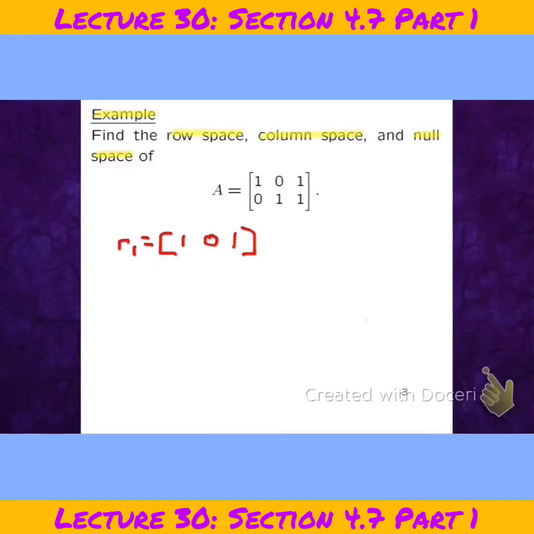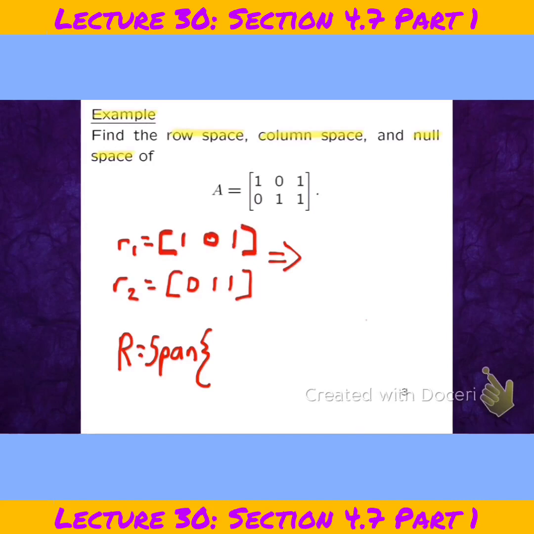There we've got our second row. So what is the row space? The row space is the span of the two row vectors. There's my first row vector, there's my second row vector. So that is my row space.